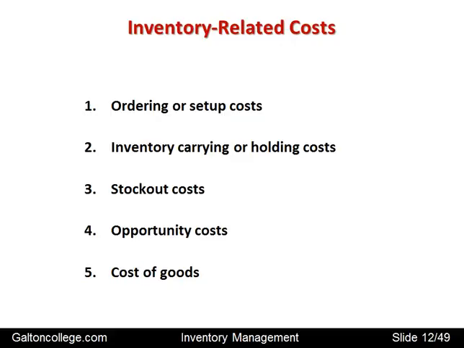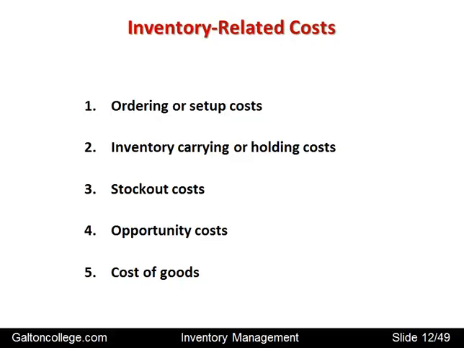So we can identify 5, or 4 if you want to merge 4 and 5 together. We can observe these 4 or 5 points. Setting up costs: trying to work out who to buy from, who the suppliers will be, what the discounts are, when the orders will be placed.